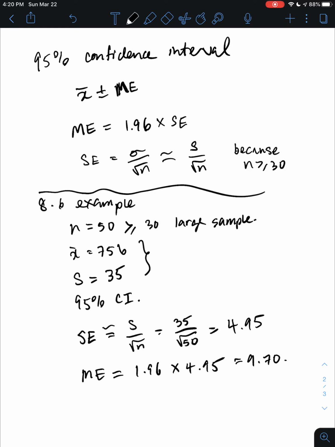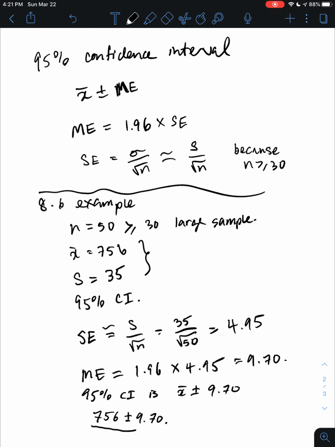Now our 95% confidence interval is X bar plus or minus the margin of error. The margin of error is 9.7 and X bar is 756, so it's 756 plus or minus 9.70.